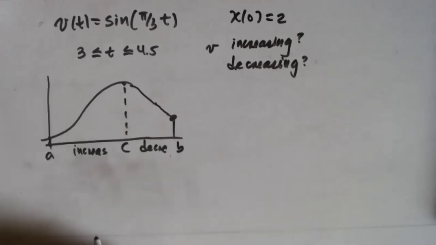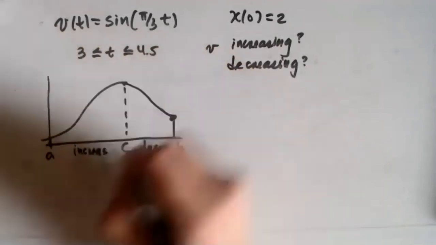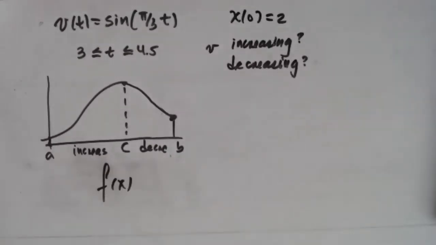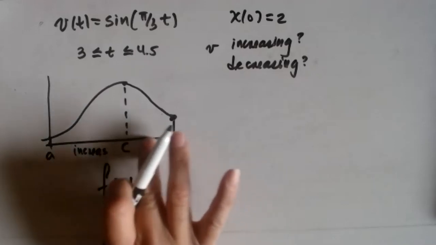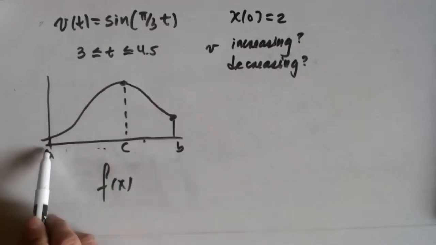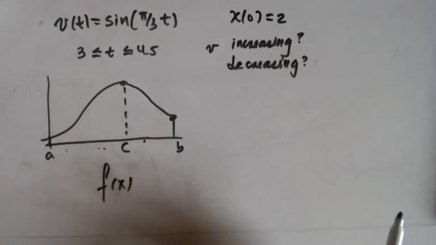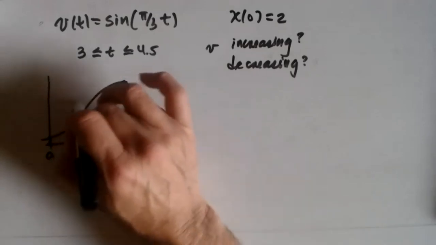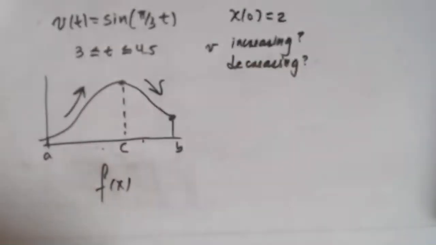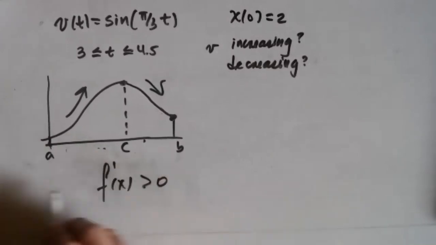Is this a velocity over time graph, or what is it? No, it's any graph, a function f of x. It's a function f of x, any function. So my idea is I have this function, there is a point C that is the top, and then from A through C is increasing, from C to B is decreasing, right? That's correct, because the derivative is positive on AC, correct?